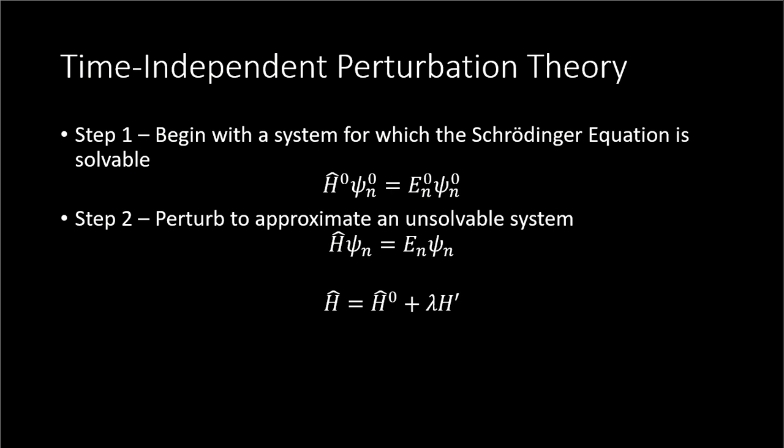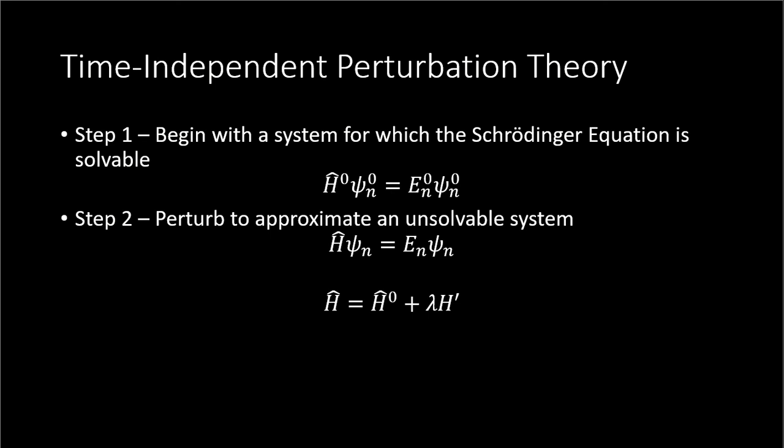So instead, perturbation theory is simply starting from some known solvable system, slowly adding perturbations, some slight additions or adjustments, until we can more accurately model or approximate the unsolvable system. So in other words, H naught of psi naught would be the wave function with a solvable Hamiltonian that can get an exact total energy, E naught.